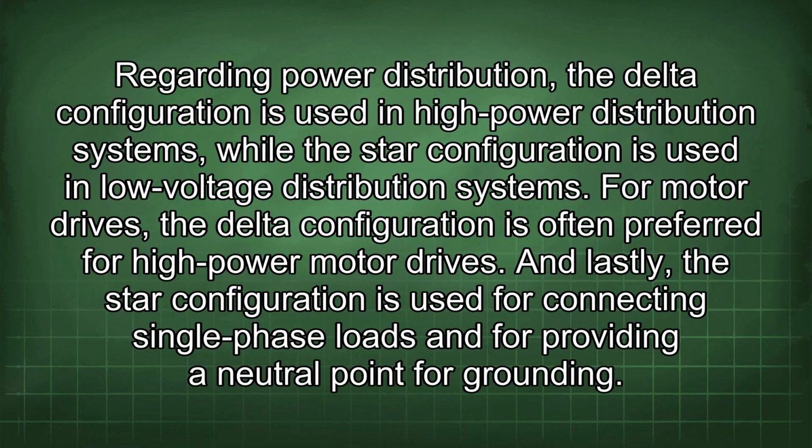Regarding power distribution, the delta configuration is used in high-power distribution systems, while the star configuration is used in low-voltage distribution systems. For motor drives, the delta configuration is often preferred for high-power motor drives. And lastly, the star configuration is used for connecting single-phase loads and for providing a neutral point for grounding.